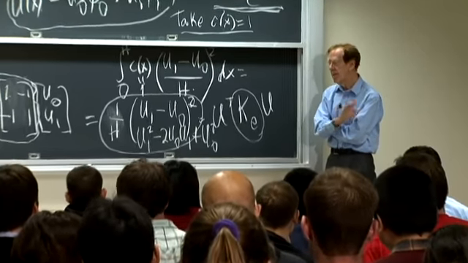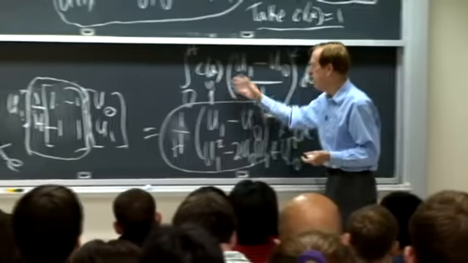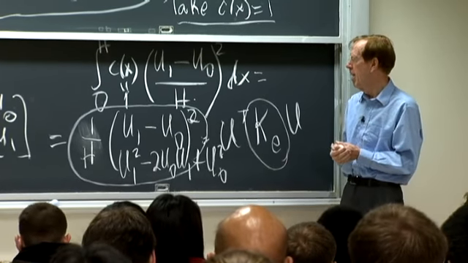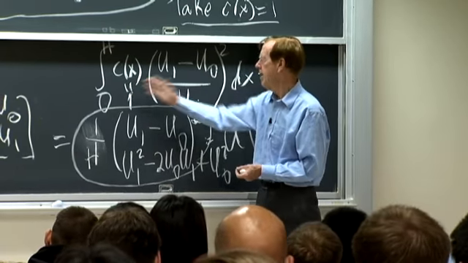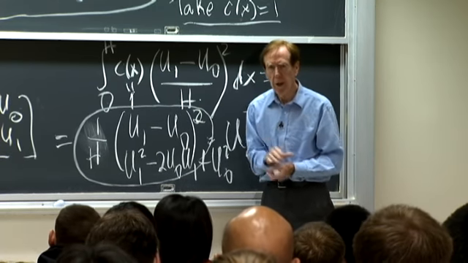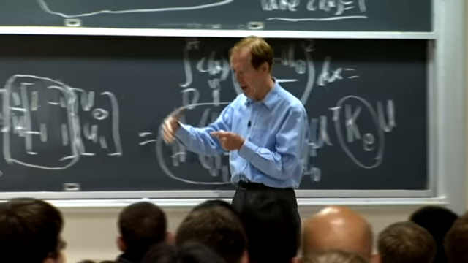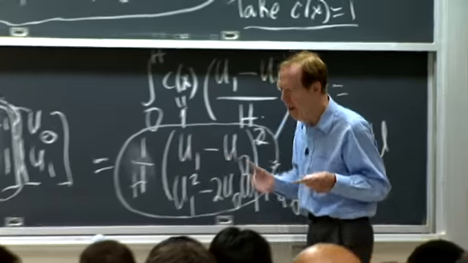Probably finite element systems aren't set up to actually do the exact integral. What would they do? For that simple integration, they would probably just take c of x at the midpoint. So there's a numerical integration here in the creation of these element matrices.